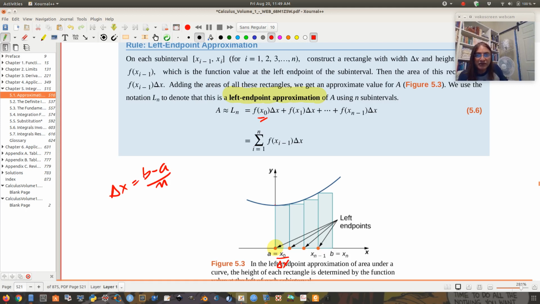So this function value times this width is this rectangular area. Then you come to the next point, take the function value and approximate this one. Of course, this is not the actual area from here to here. See, we are missing these, but it is an approximation. So this is the approximate area using left-hand approximation of the function on these regular intervals.